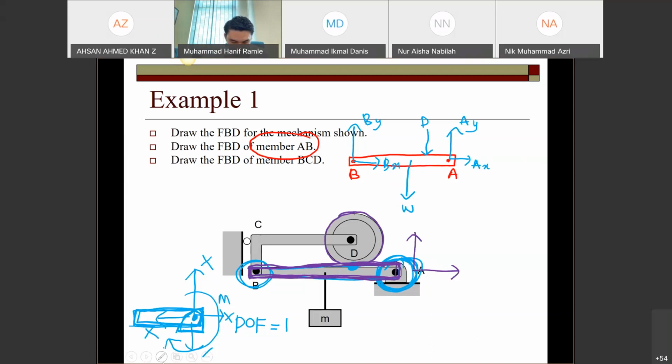I think I have to draw it at the center. For this rigid body AB relative to D, if I move forward, I move upward, can it be done or not?